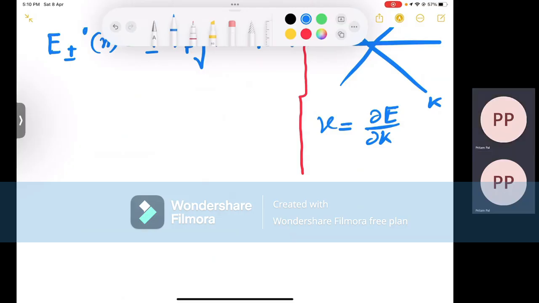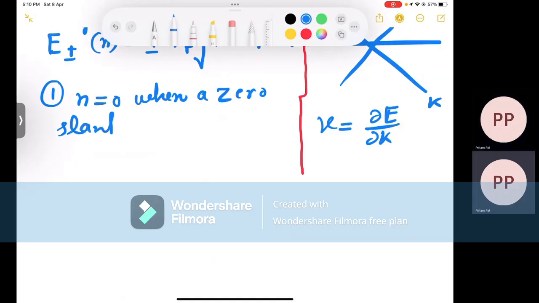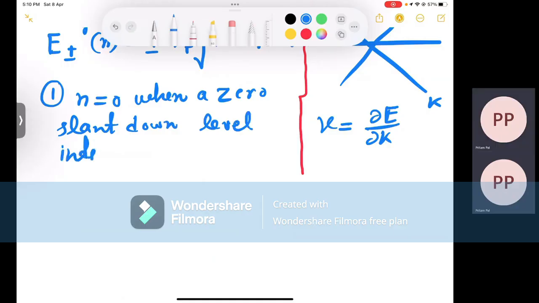And there are several things to note. The first one is that n is equal to 0 when I have a zero Landau level index, that is equal to 0.